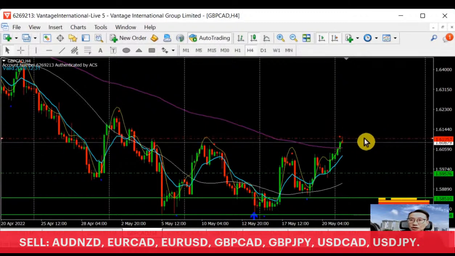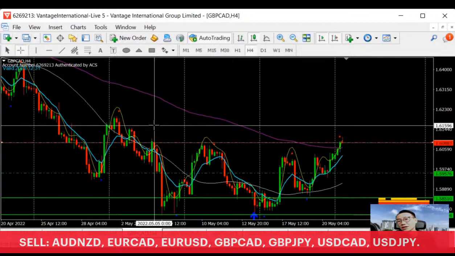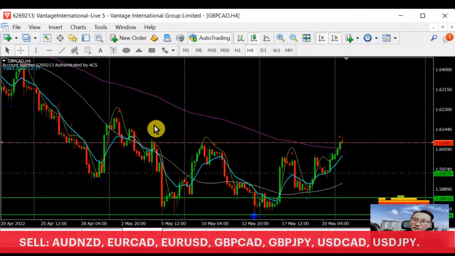Now as you can see, it went to test the resistance right here, which is the 5th of May. After the retest, the rejection comes in.